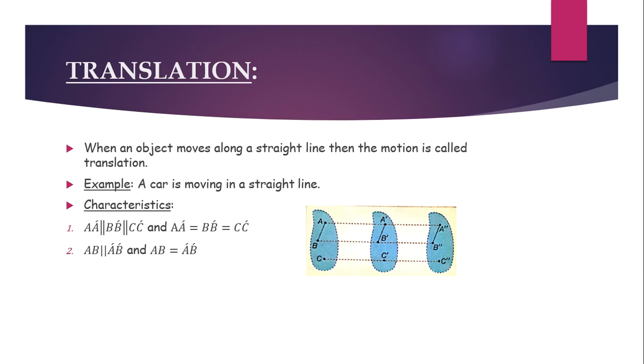Now, the distance between 2 points in position 1 is equal to and parallel with the position 2, that is AB is parallel and equal to A prime B prime and is parallel and equal to A double prime B double prime.